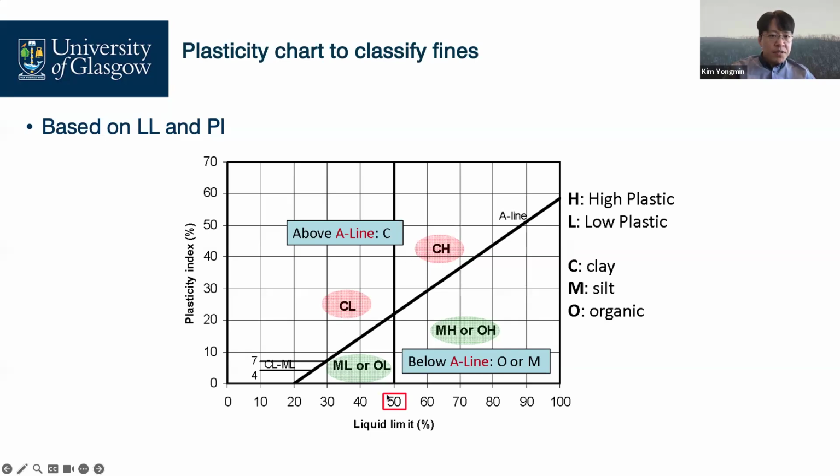Let's say LL is 50% and the plasticity index is around 10, then this soil is silt. If your soil is more toward the left side, it is clay with low plasticity, and if it is located on the right-hand side, your soil is clay with high plasticity. That's why we need the Atterberg limits to reclassify and refine our clay soil groups.